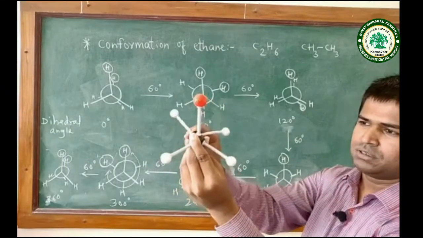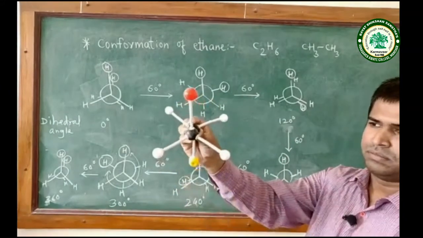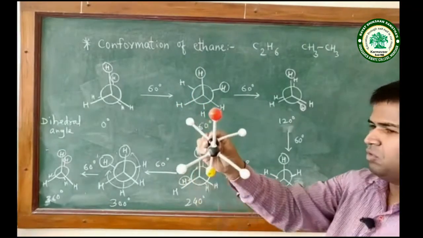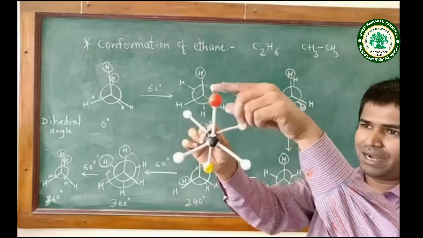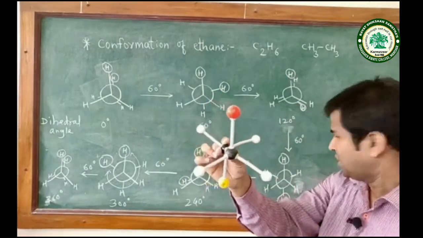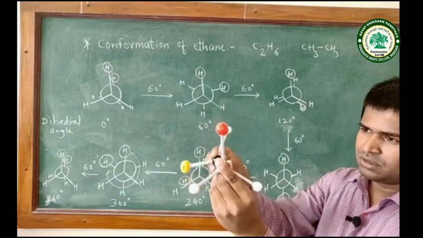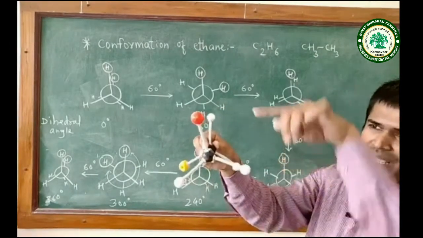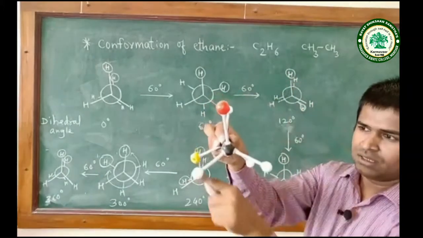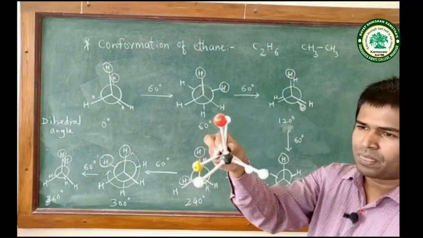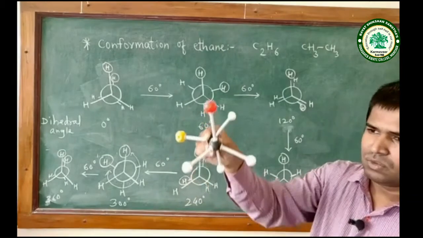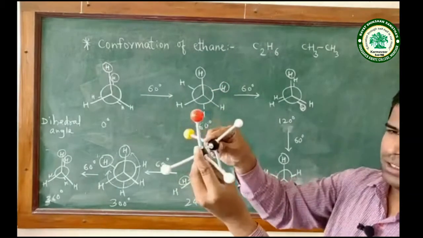Again rotate this by 60. You get structure number 4, in which the dihedral angle between this hydrogen and this hydrogen is 180. Again rotate the structure by 60. The dihedral angle between this hydrogen and this hydrogen from this side is 240. Again rotate the structure. You get this conformation.